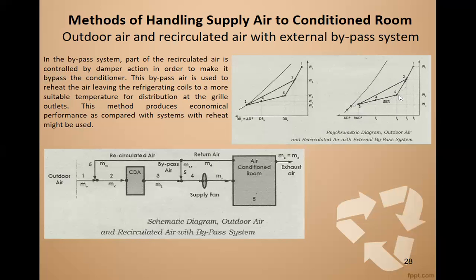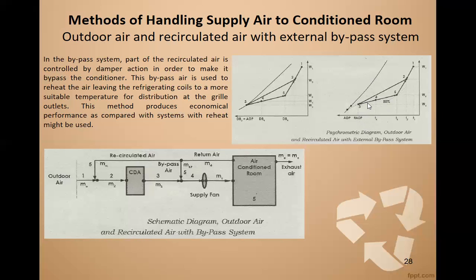Itong 3 to 4, itong 5 saka 4 nag-mix, so dito sa 4. Yung 4, ito na yung supply doon sa room mo. Neglecting fan effect. Okay? So, yan. Diagram. So, pwede siya sa along sa gitna ng 4 kasi nag-mix yung 3 saka 5.